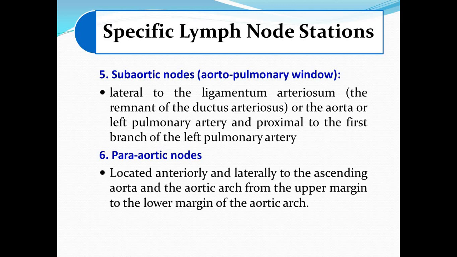It's a fat window. So the lymph nodes that are within this window are called the subaortic or the aortopulmonary window nodes. But we need to know that these lymph nodes are lateral to the ligamentum arteriosum, because the ones that are medial are 4L, right? Yeah, the left lower paratracheals.